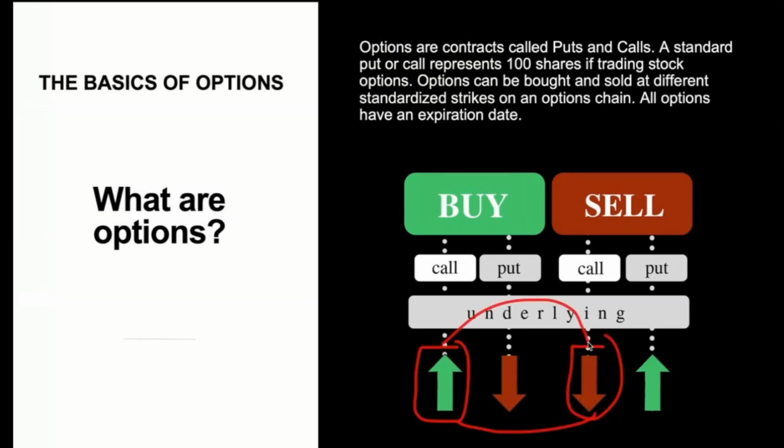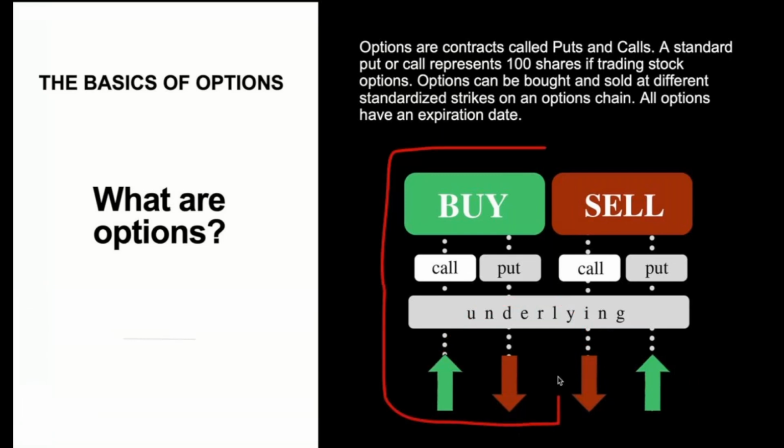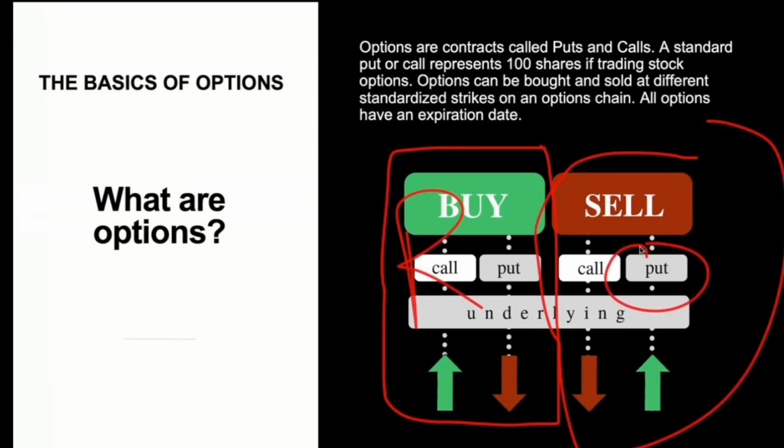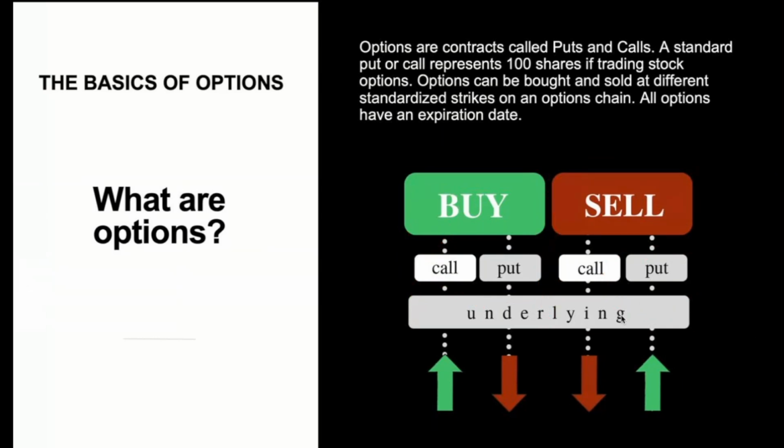The buyer has a right and the seller has an obligation. So on this side, this area here, these are rights. And then in this area here, these are obligations. You have to know what is your right as a buyer and what is your obligation as a seller.